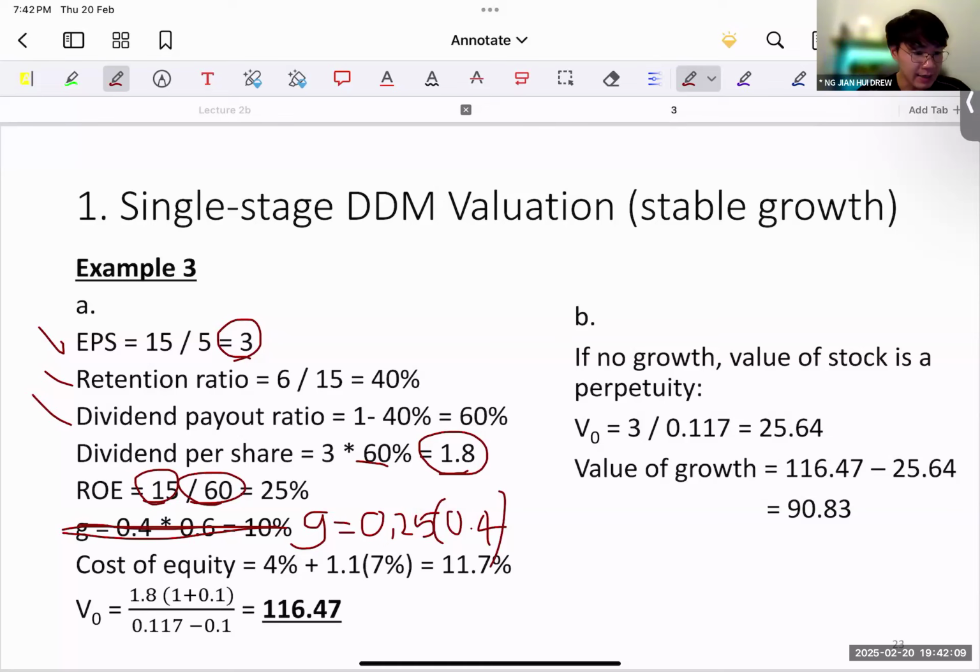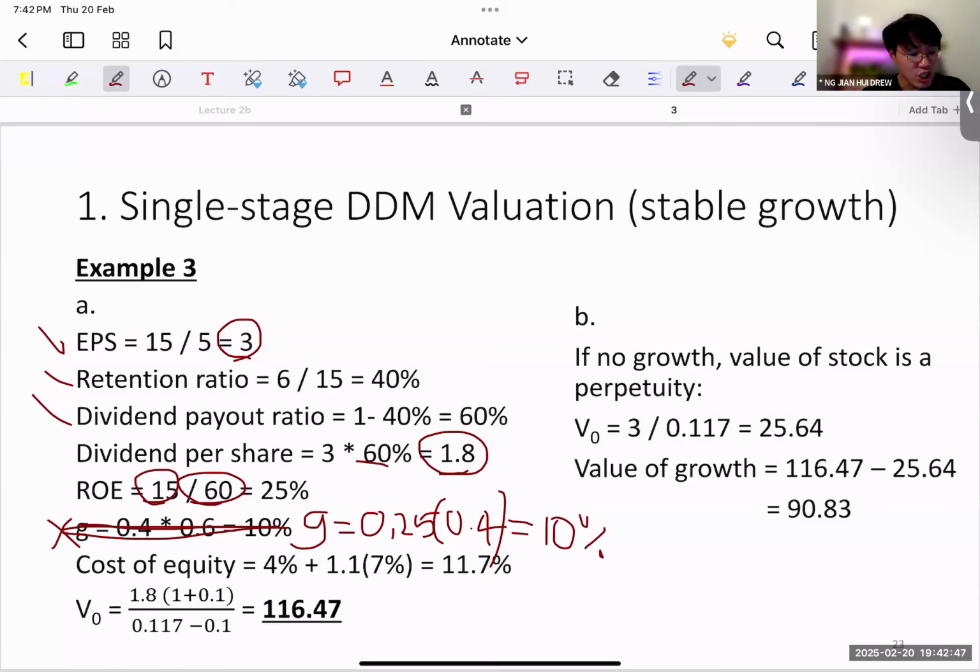Not 1 minus 40, it's 40, right? Because sustainable growth rate is ROE times retention ratio, or 1 minus payout ratio. Unfortunately, this is a typo, so please take note of this. But this still gives you 10%, which is fine.